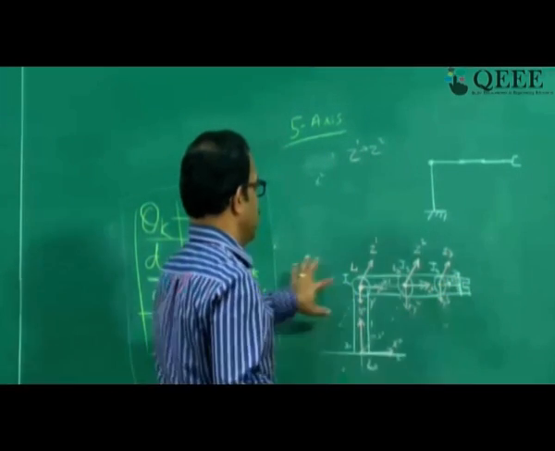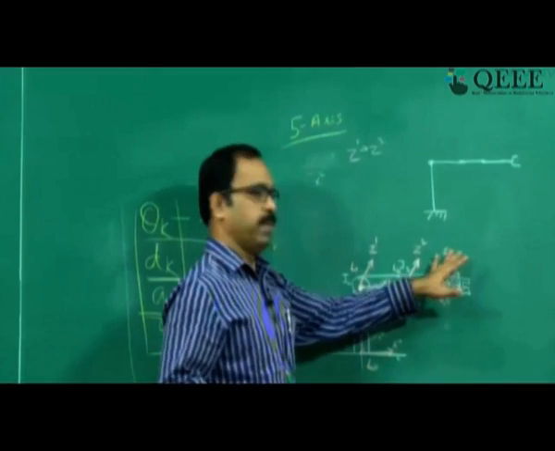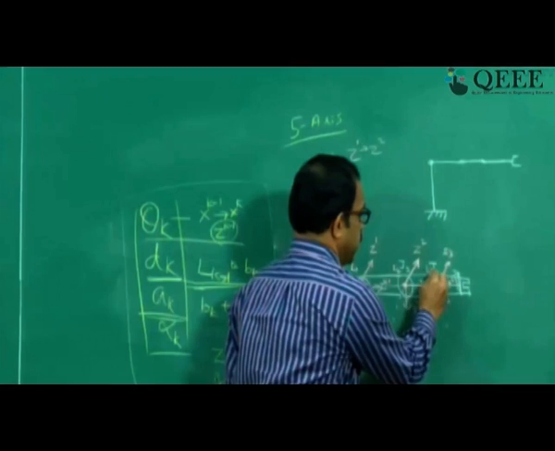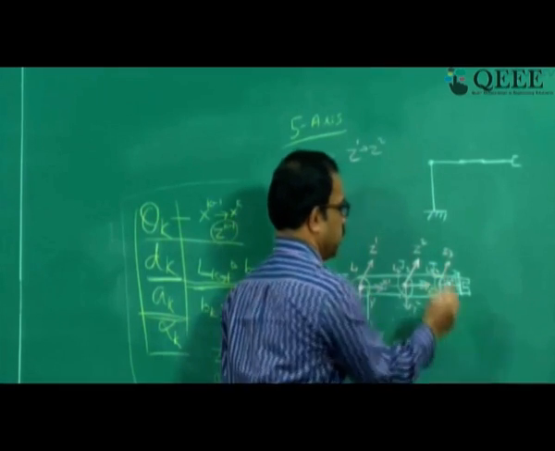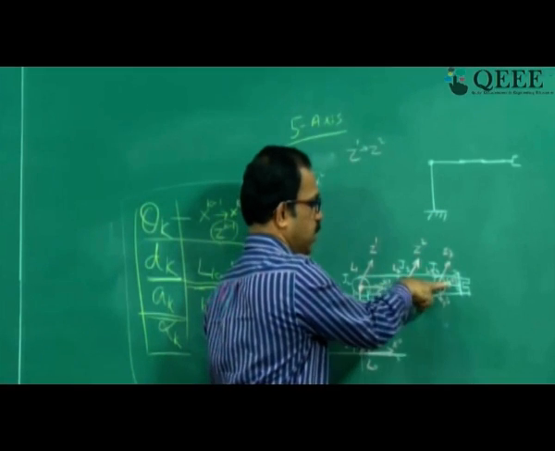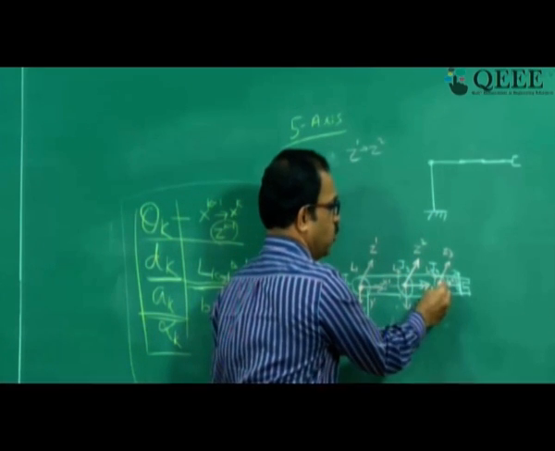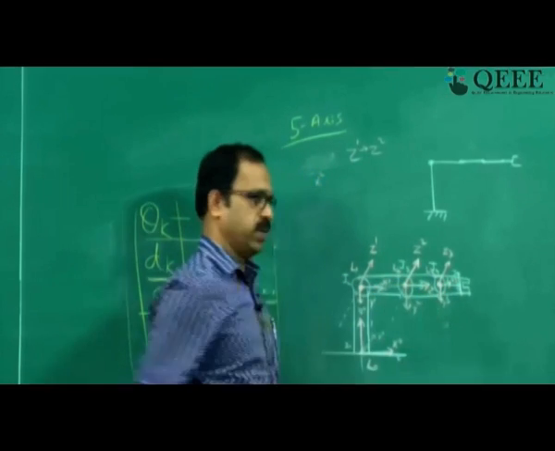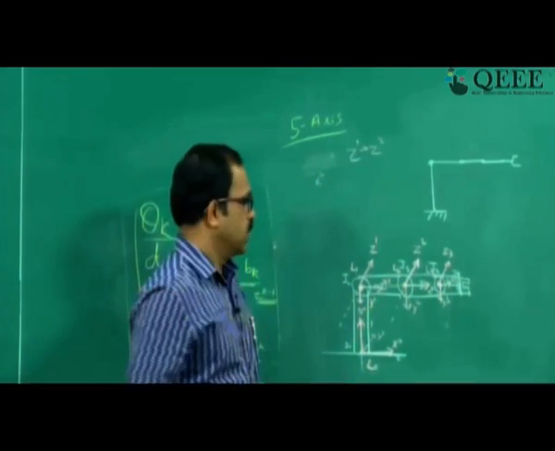Okay, up to this it is fine. Z1, Z2, Z3 are parallel, and you find the common normal. The origin L3 will be at this point because the common normal intersects Z3 here, though Z3 and Z2 won't intersect. So L3 will be here, L2 here, L1 here, and L0 is here.